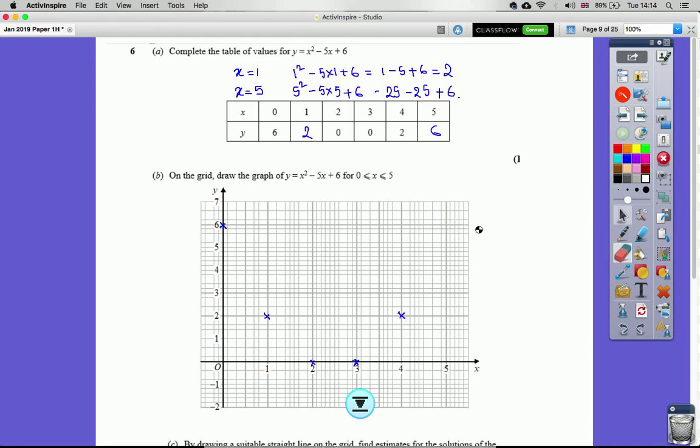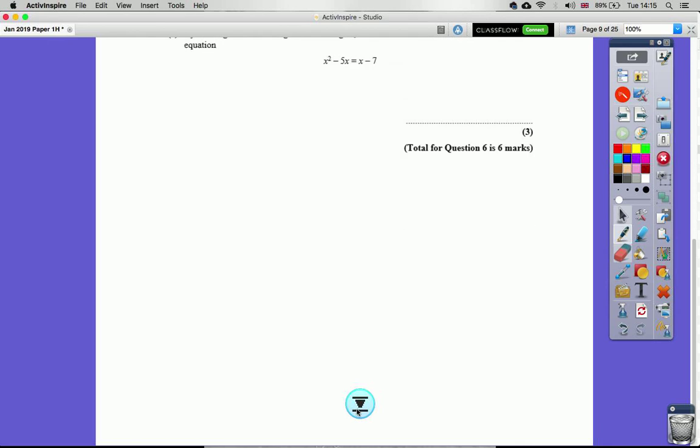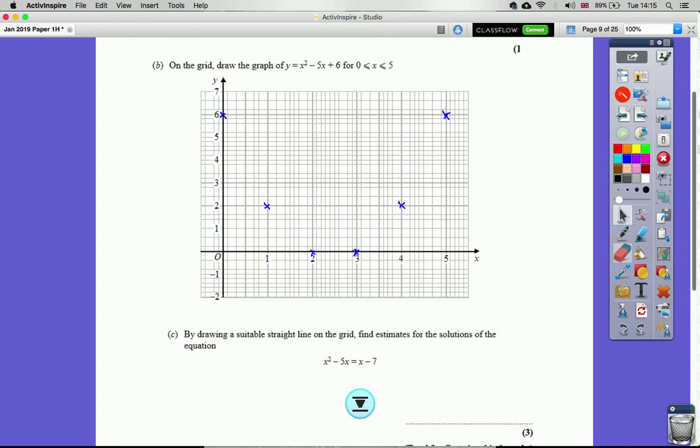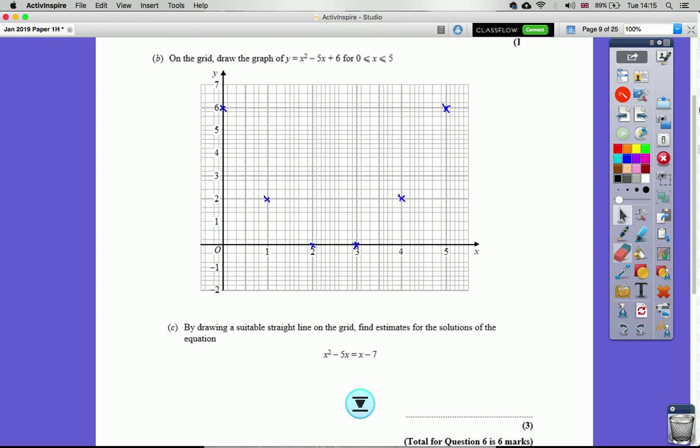Let's make it a bit more accurate. So that's my table of values done, as well as the plotting. Now I need to complete the graph.